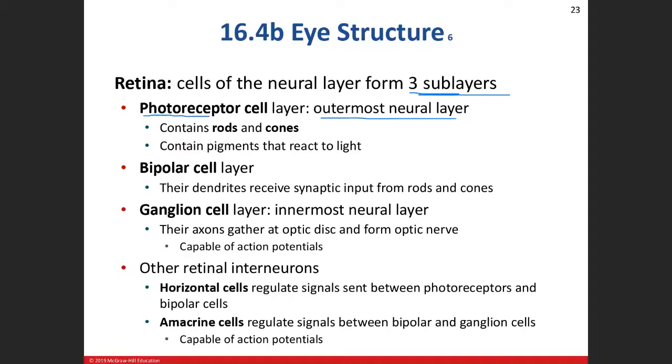Here's your eye, light comes in, and it's going to hit the photoreceptor layer last. I know that sounds weird. You would think that the innermost layer would be the photoreceptive layer, that the light would hit it first, but it's not.